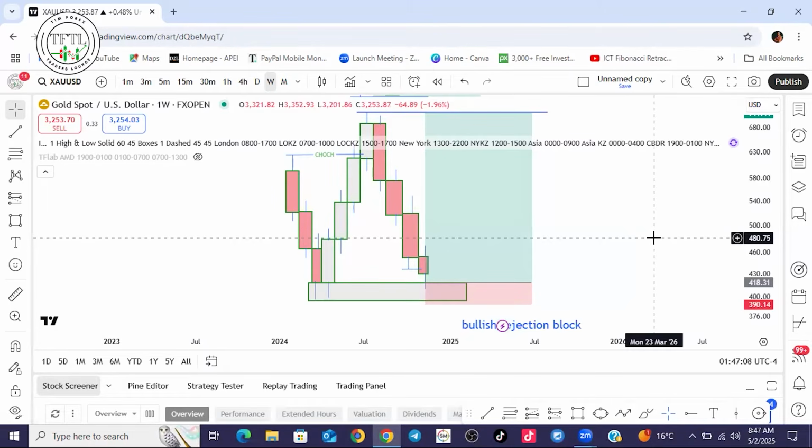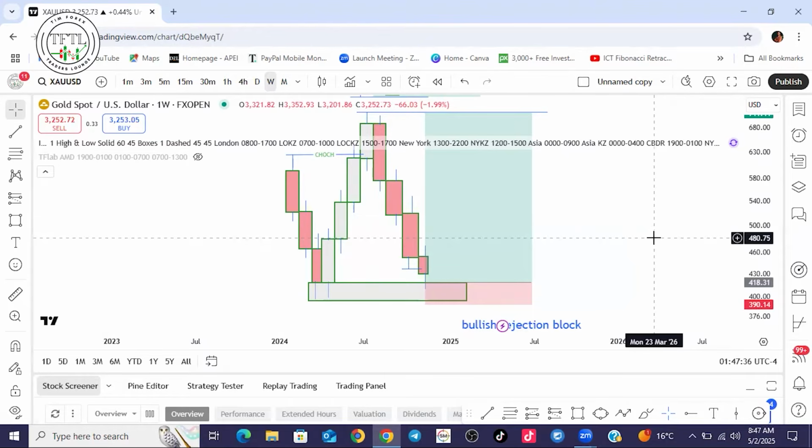So all ICT blocks, all ICT concepts, you really need to have an understanding of price action. You really need to have an understanding of market structure. And the reason why, when we begin looking at ICT, we begin with the basics. We begin by looking at the market structure. When the market is creating higher highs and higher lows, that's an uptrend.